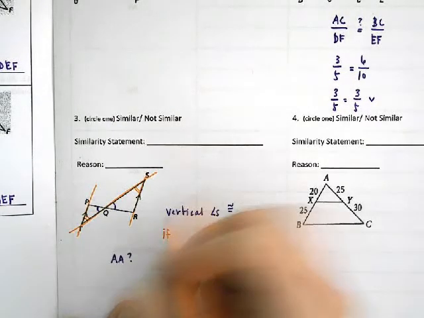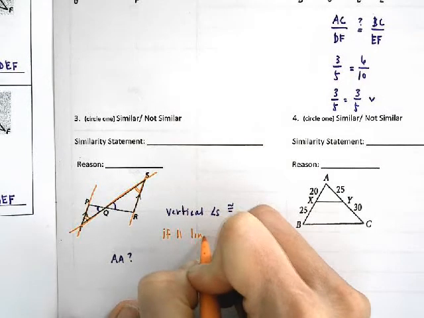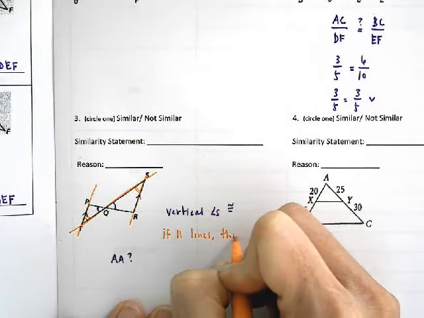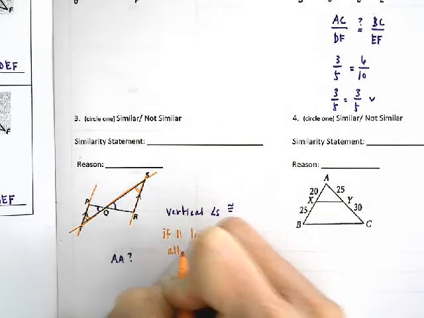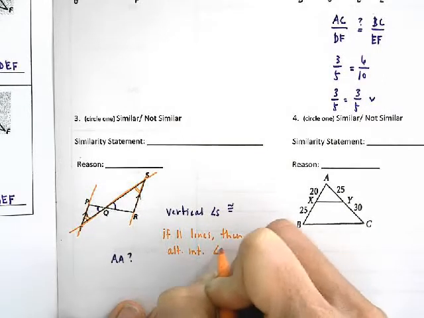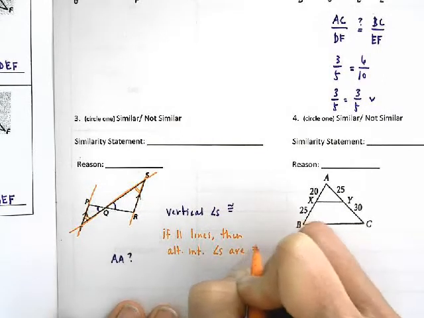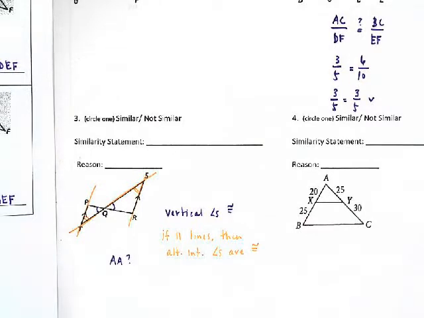So we know back from chapter 3 that if parallel lines, then alternate interior angles are congruent.